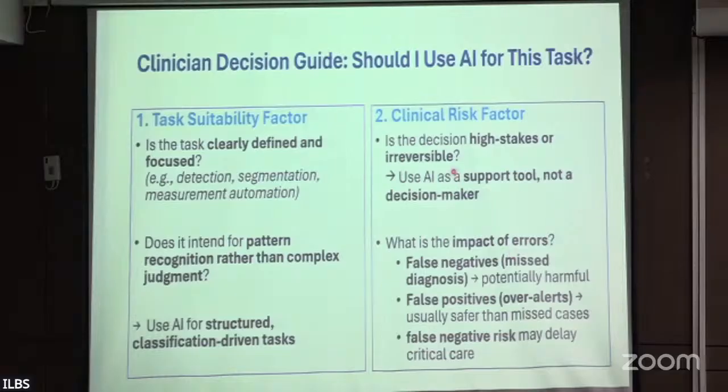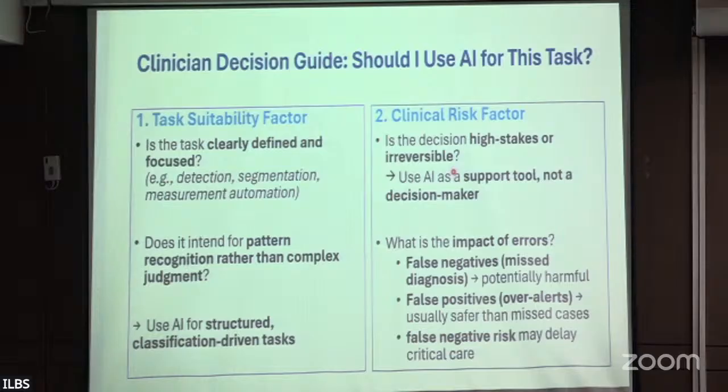Then what is the risk factor? If it is a very high-stake area, like taking a decision during an operation about what the next medicine should be given for prevention of blood loss or blood pressure drop, that type of anesthesia-related question is at a very emergency level.